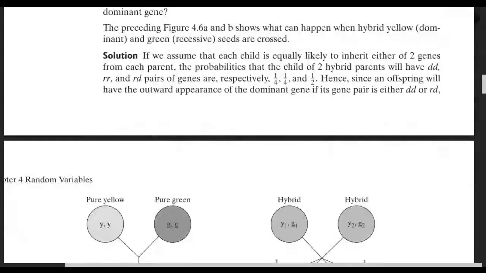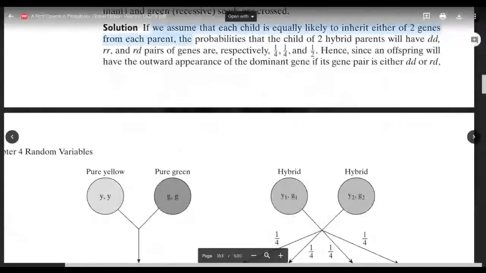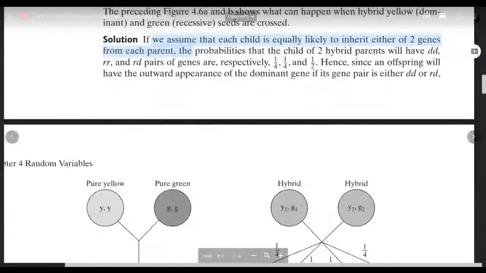So let's see this. We assume that each child is equally likely to inherit either of 2 genes from each parent.